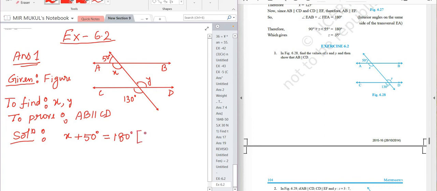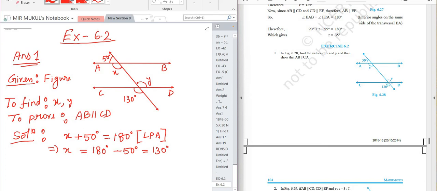In bracket you will write linear pair axiom. After that we can solve the value of x. 180 degrees minus 50 degrees. So how much?